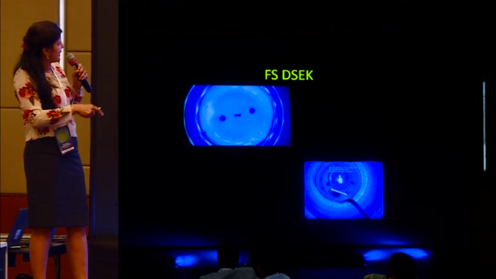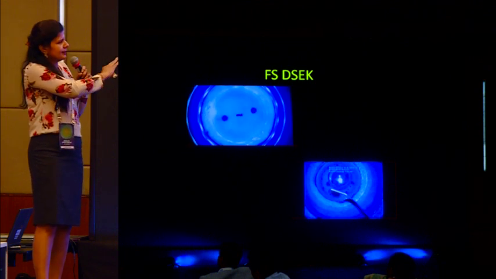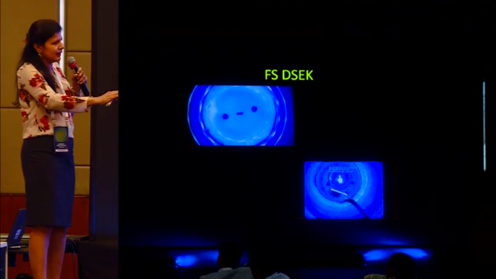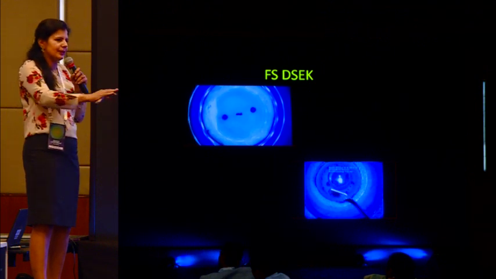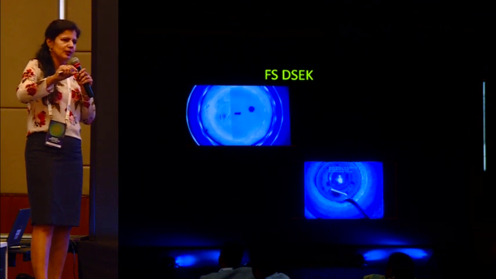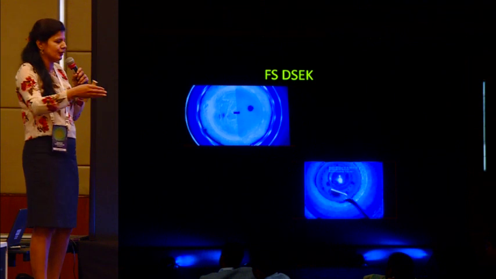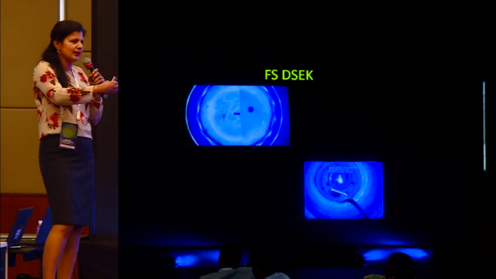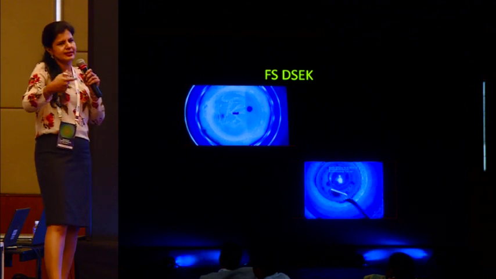Now again for DSEK, what I found is that this takes so much less time. It does a lamellar cut all the way, at a uniform plane, and you can go to the depth that you want your lenticule to take. For example, if you want a 100 micron or 120 micron lenticule, you can factor in such a way that the residual corneal thickness from the donor cornea is that much.